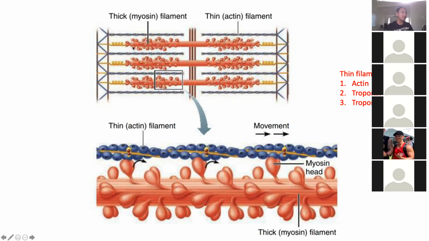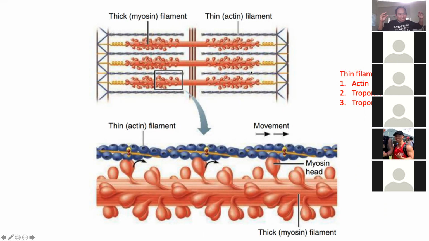We will have myosin, thick, big, fat myosin, and thin, little, slim actin. They will be alternating with each other. Actin will be attached to the Z line. Myosin will not attach to the Z. And titin protein will attach to the Z and the myosin.